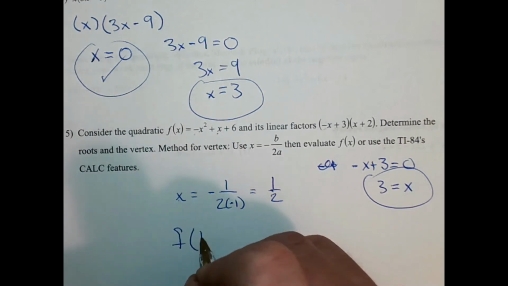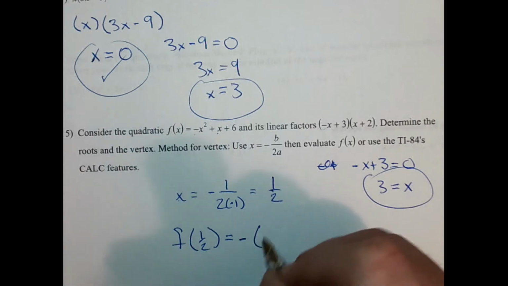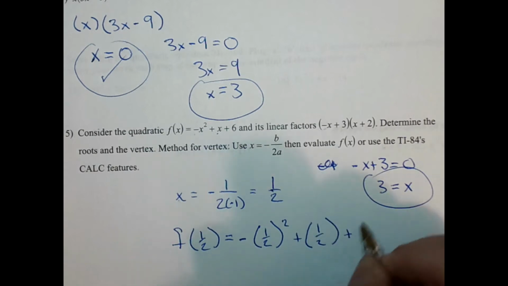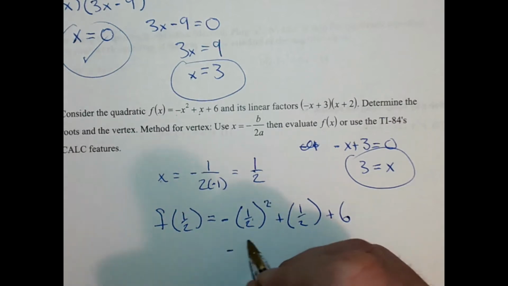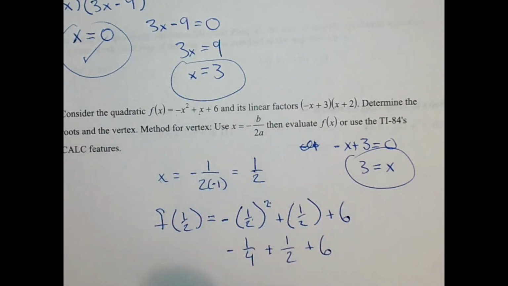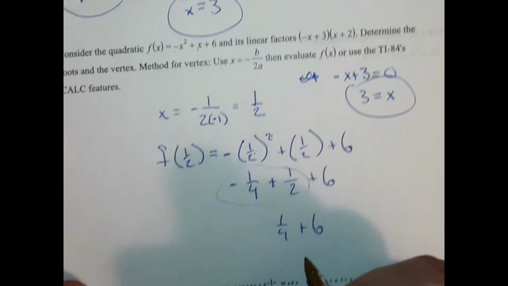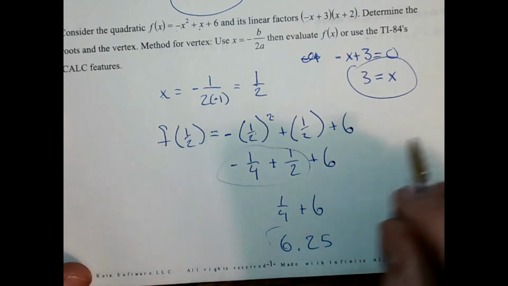And now we can evaluate the function at 1/2 to get our final answer. That's negative 1/4 plus 1/2 plus 6. These two come together to be positive 1/4. So that's 6 1/4 or 6.25.